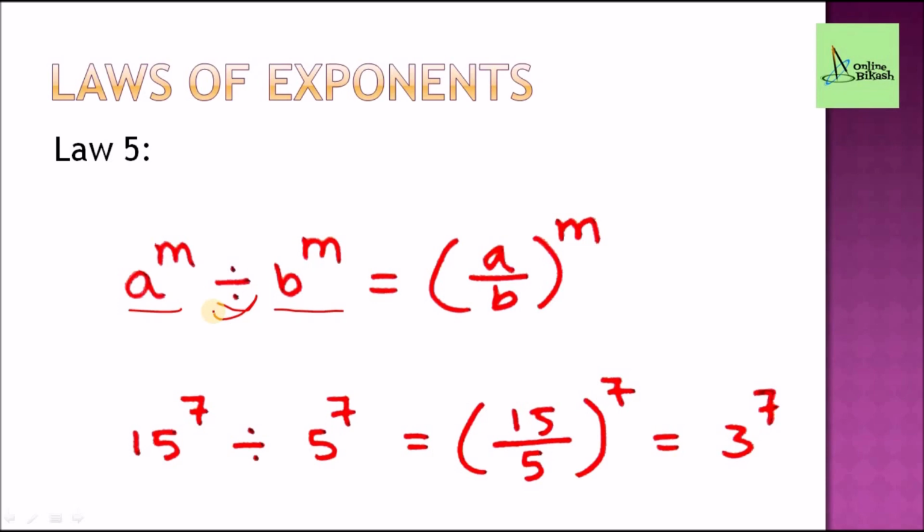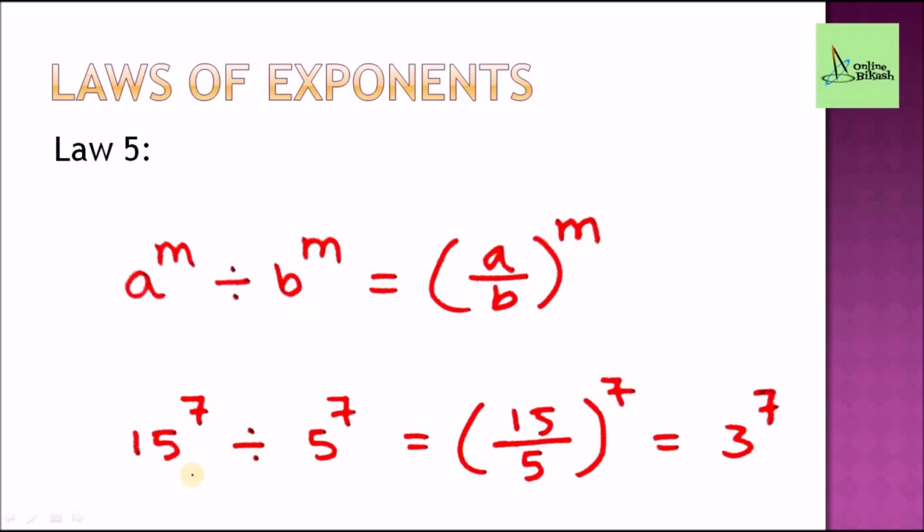So what we will do, we will write the bases as a quotient, that means in the division form, a by b. A by b is commonly known as a fraction, but the main thing behind it is a division. Yes or no? So a divided by b, whole to the power m, that is the common power. Is it clear?